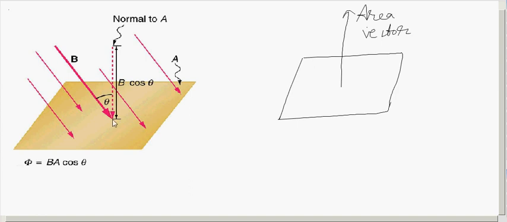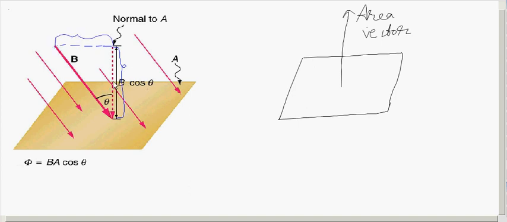One will be along the horizontal direction, another one along the vertical direction. So the vertical component is B cos theta, and the other is B sin theta.